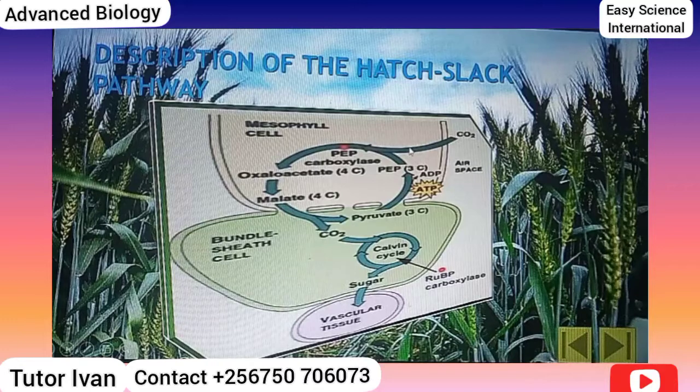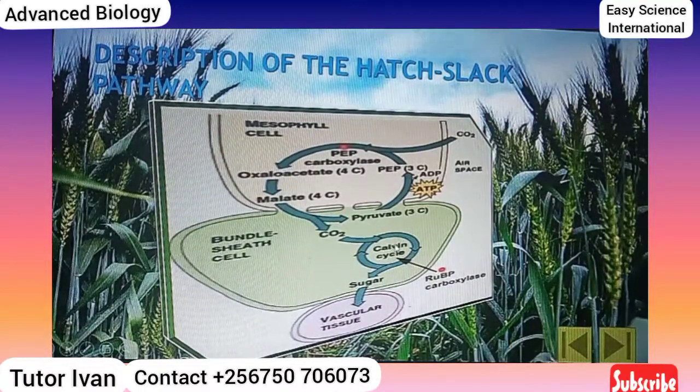We saw it being fixed with PEP in the mesophyll chloroplasts, and then during the Calvin cycle it has to again be fixed with RuBP. And this requires energy, which is twice that found in C3 plants. Remember, in C3 plants we only have the Calvin cycle.